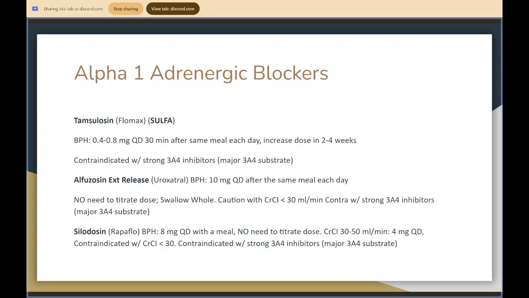Alfuzosin extended release is Uroxatral, and it's 10 milligrams once daily after the same meal each day. No titration necessary. Swallow whole. Caution with creatinine clearance less than 30 mL per minute, and it is also contraindicated with strong 3A4 inhibitors. All right.